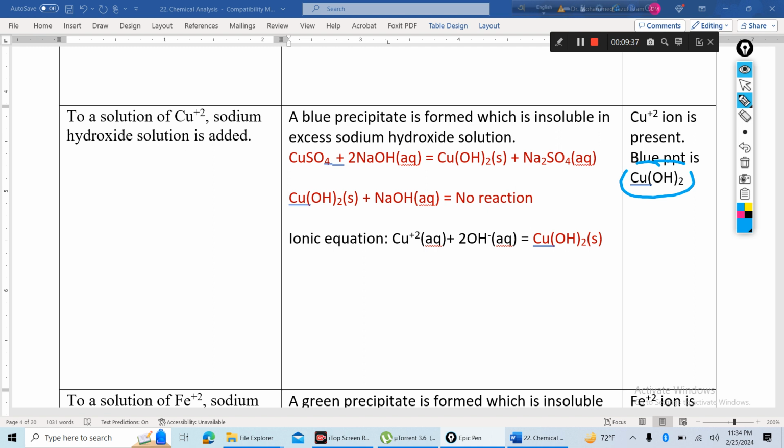If you write the ionic equation, that will be Cu2+ ion aqueous plus 2 hydroxide ion aqueous to produce Cu(OH)2 solid. This is the main equation, and this is the ionic equation. Copper 2 hydroxide is the blue precipitate.